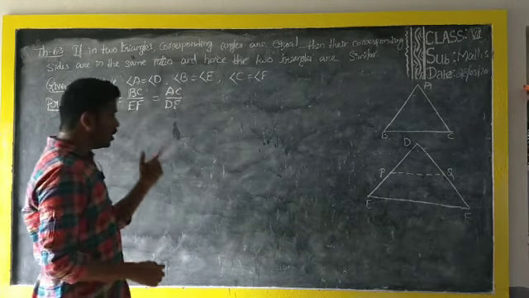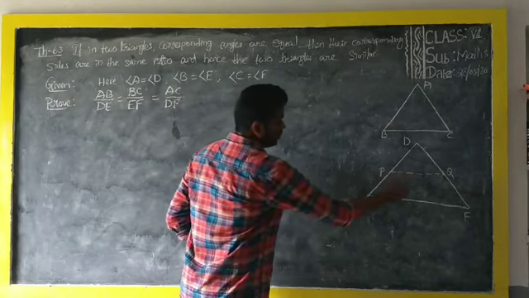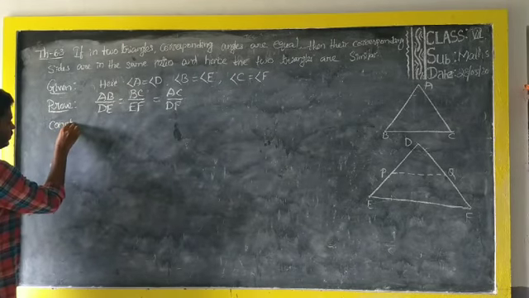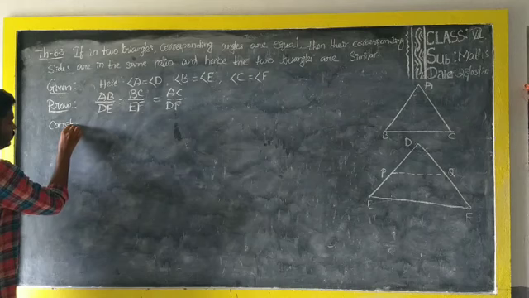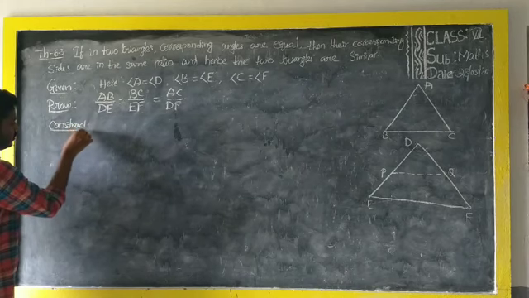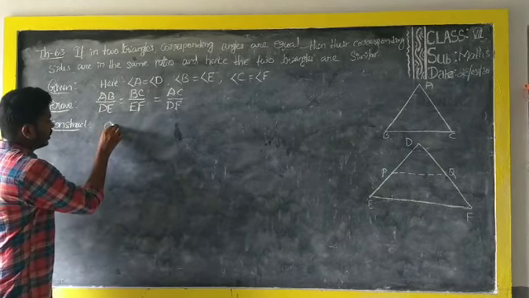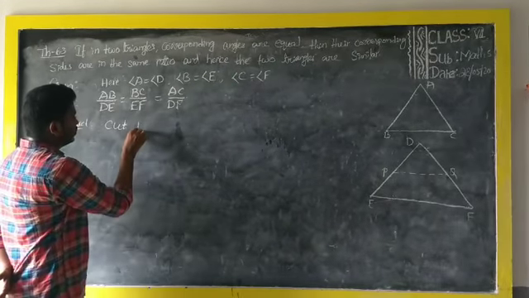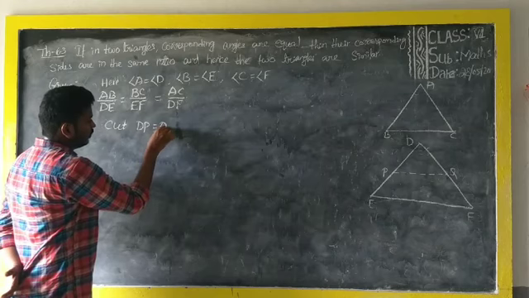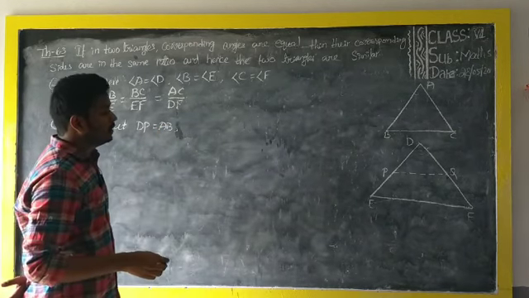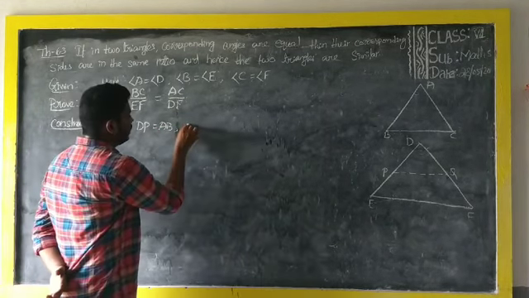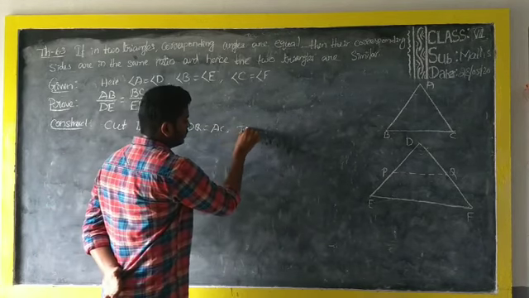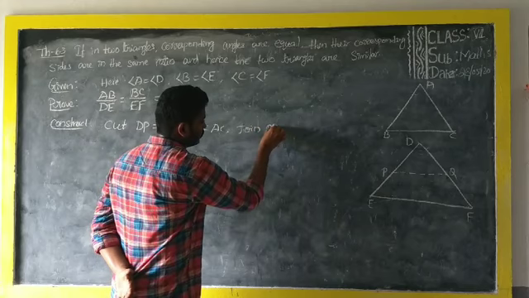How to prove this? Here I take a construction. Okay, write the construction. Cut DP equal to AB and DQ equal to AC, and join PQ.